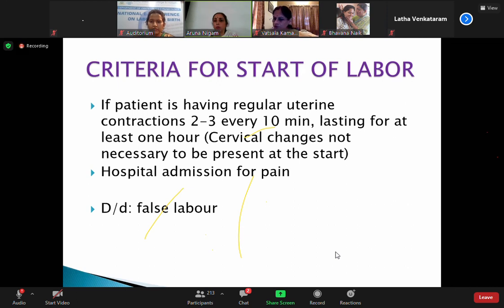Cervical changes are not necessarily present at the start. So shall we take hospital admission for pain? We don't know. And the differential diagnosis is false labor, which is a precursor of the latent phase. So this is a very important point: when to define that your patient has entered the latent phase, right?